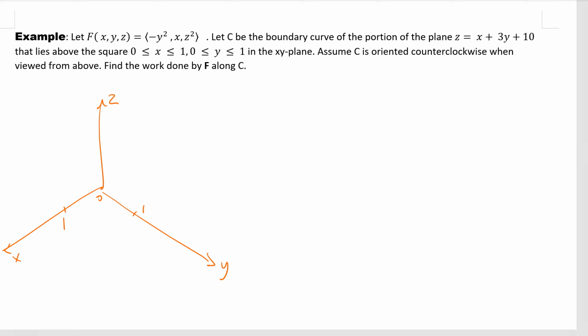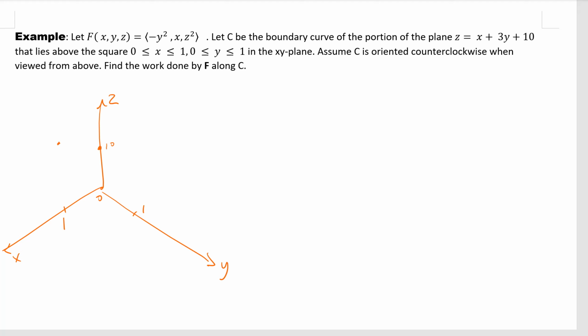Okay, so let's see. At the point when x is 1 and y is 0, we get z equals 11. When x and y are both 0, we get 10. And when x equals 1, we get 11.